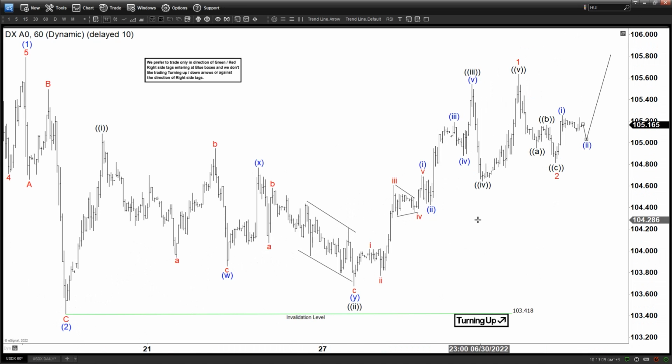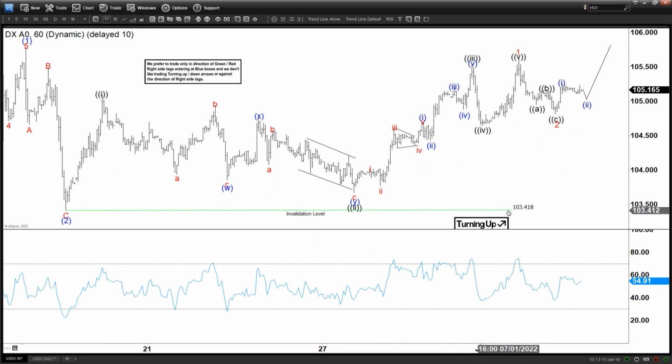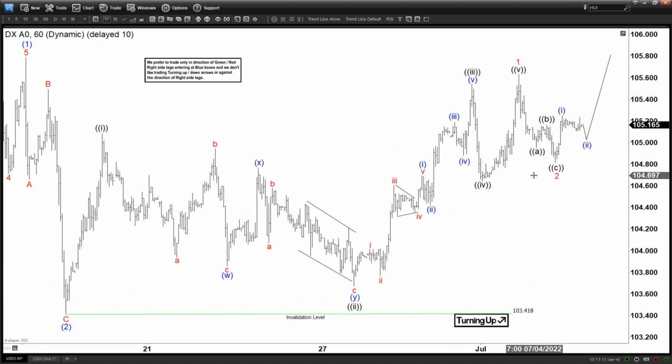Now secondly, if we take a look at the shorter cycle, let's check out what we got. Okay, now first of all, you notice here what looks to be a 5 waves up from here. 1, 2, 3, 4, 5.